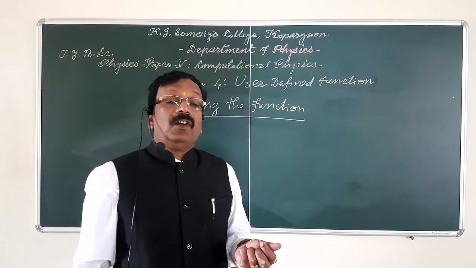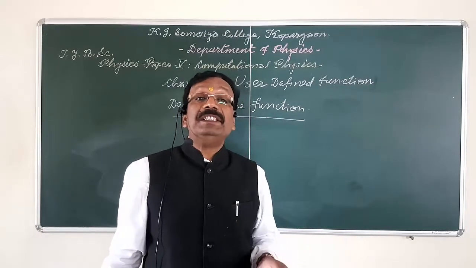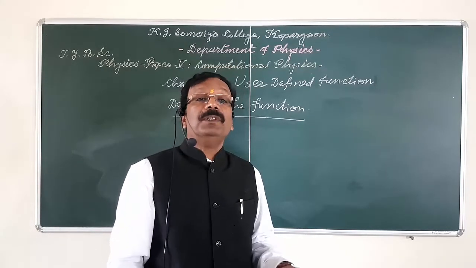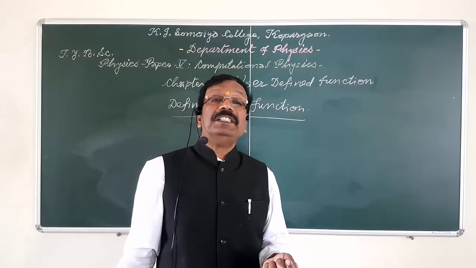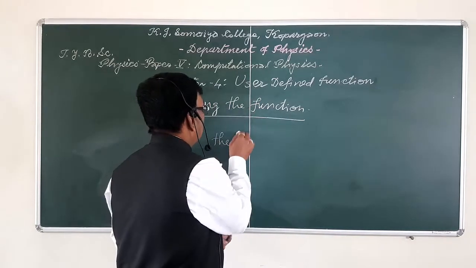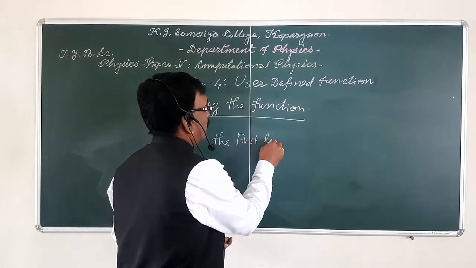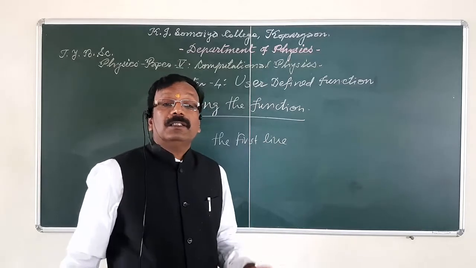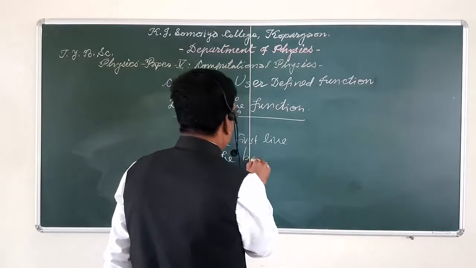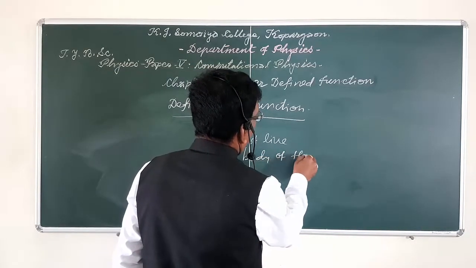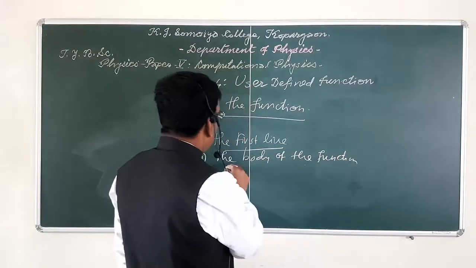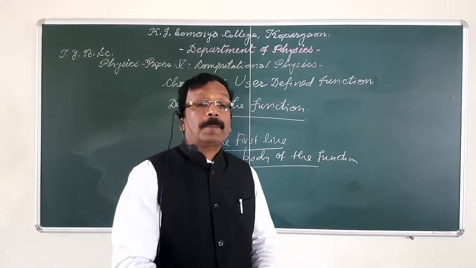The definition of the function has two principal components: the first line and the body of the function. What is the first line and what is the body of the function?